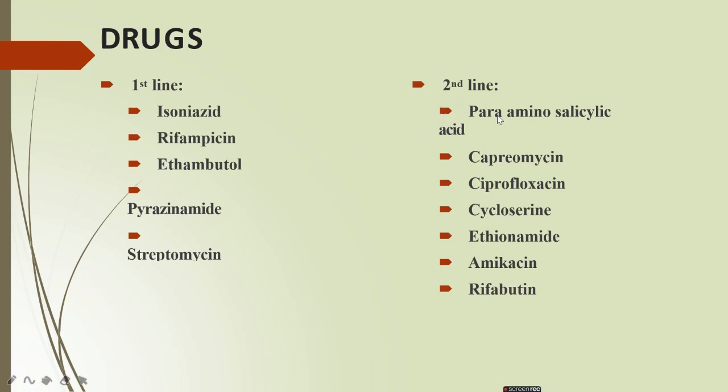Second line drugs are para-aminosalicylic acid, capreomycin, ciprofloxacin, cycloserine, ethionamide, amikacin, and rifabutin. These are the second line drugs because they are highly toxic but effective, and first line drugs have good efficacy and they are less toxic.